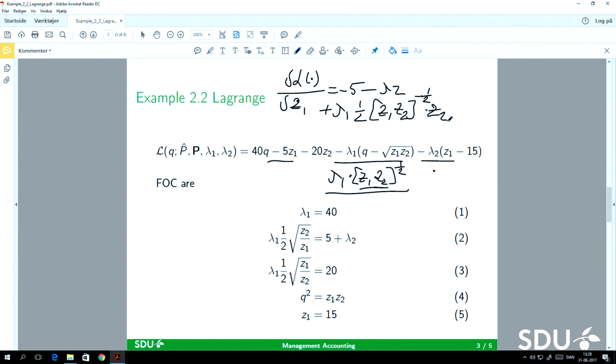And this would be C2 then. So now, if you set this equal to 0 and do some simplification, you would end up with first order condition number 2.